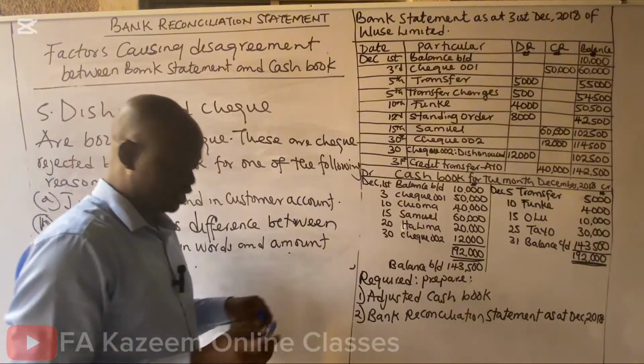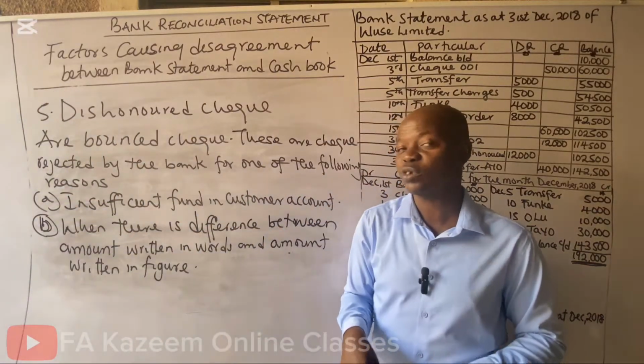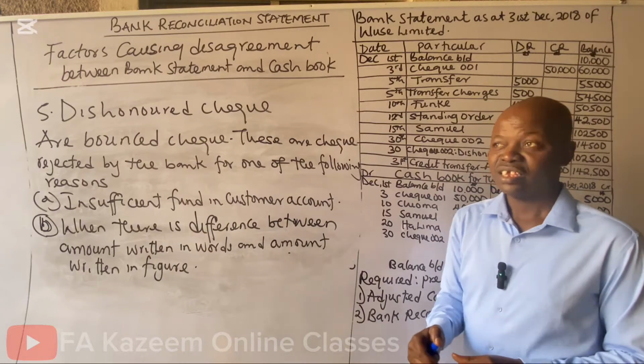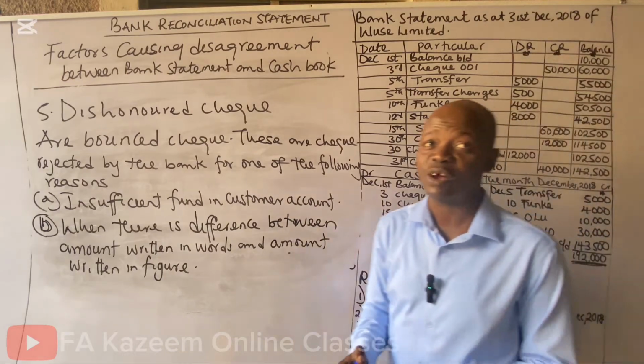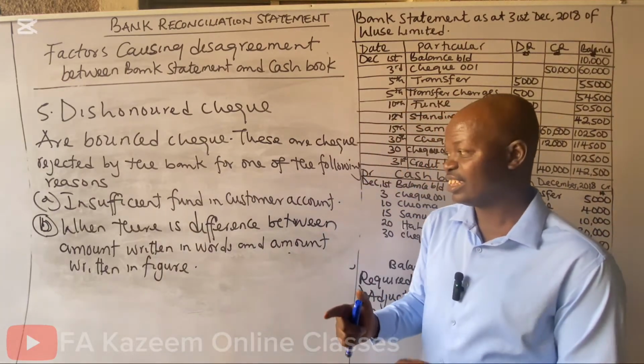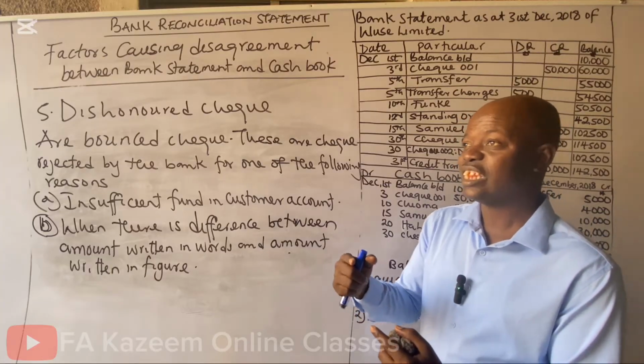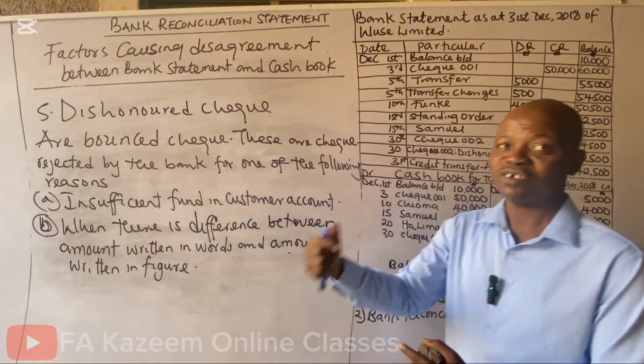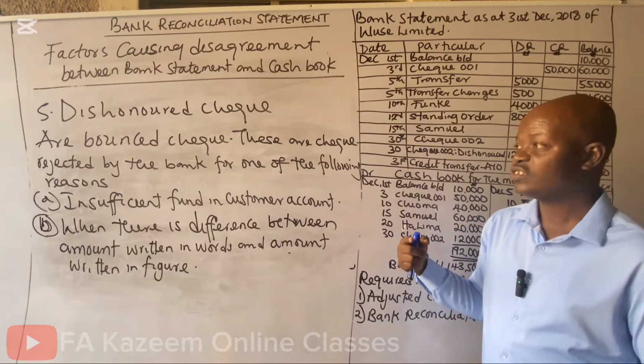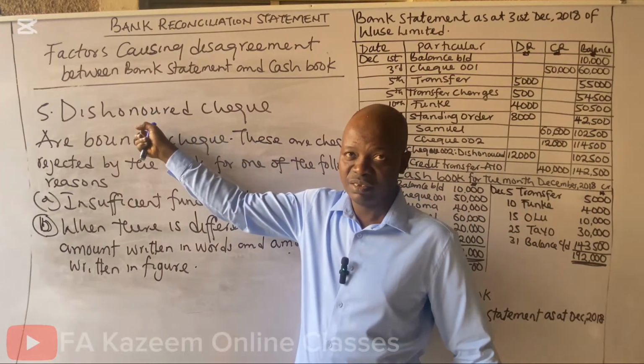Where a customer issues a check, in words the customer wrote 2 million naira. In figures, the customer wrote 200,000 naira. There's a discrepancy between the amount written in words and the amount written in figures. Such a check will be dishonored by the bank.